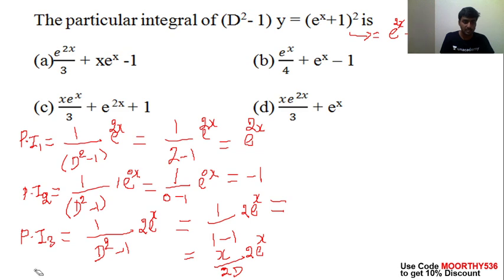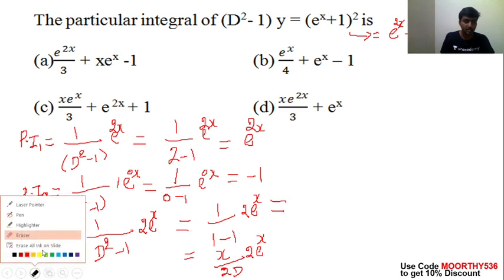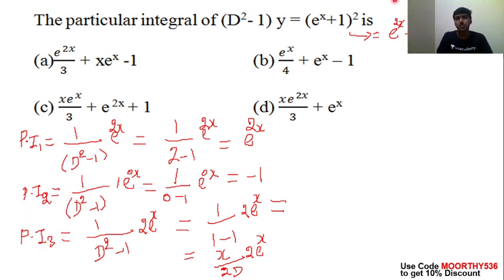As per the discussions here, PI3 is equal to the 2ab term, that is 2 into a into b, which is 2 into e power x. Here we substitute 1 instead of D, so 1 minus 1 is equal to 0.